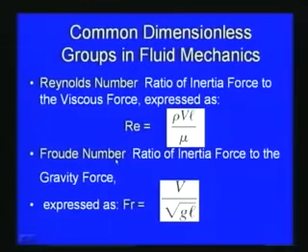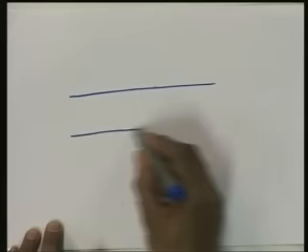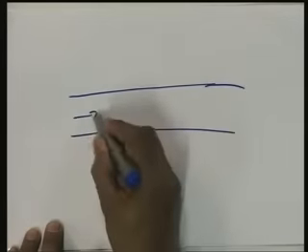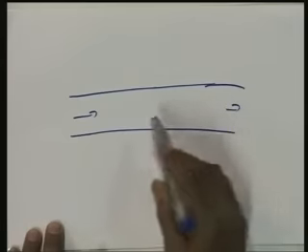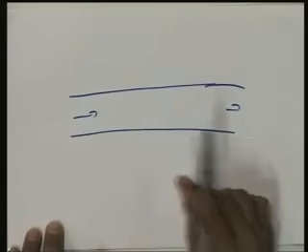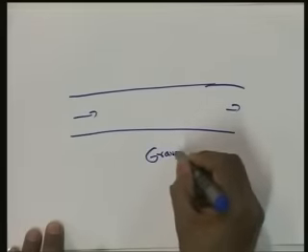The second number is the Prandtl number, which is the ratio of inertia force to gravity force. Especially in the case of open channel flow, we can see that the fluid flow is governed by the gravity force. For example, if we consider a flow through a channel like this, along with the inertial force, another important aspect is the gravity force.